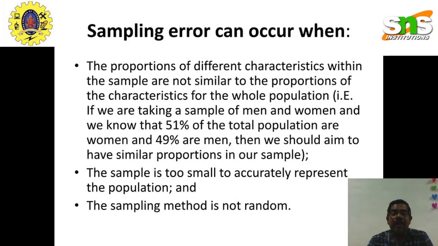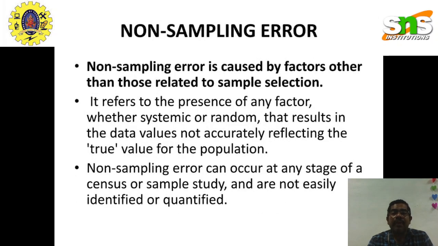For the entire population, how much percentage is women, and from that, what is the percentage of my sample? In the same way I have to compute for the men population too. If the sample seems very small for the population, the accuracy will be very low. So I have to go with a larger sample from the population.